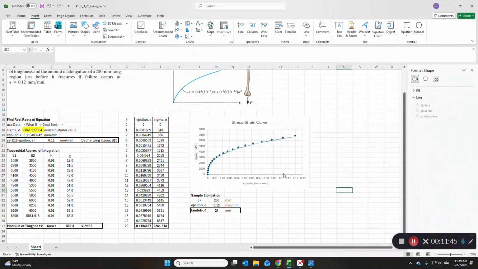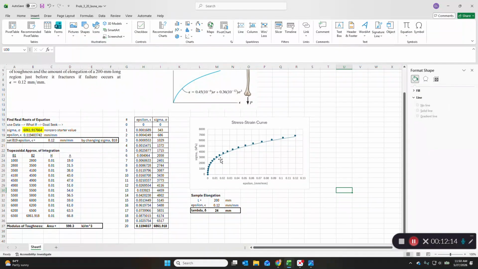And I did that so that I could see by trapezoidal approximation how many trapezoids are underneath the curve. And you can see, you can count the squares if you want. Each square is 1,000 kPa times 0.01 millimeters per millimeter. And then you would get an uneven number of squares because some of these squares are cut partially by the curve. So what I did instead is use trapezoidal integration.